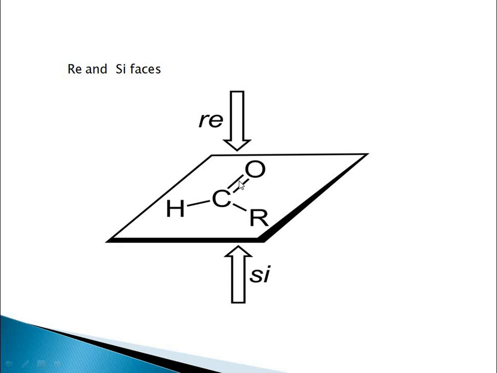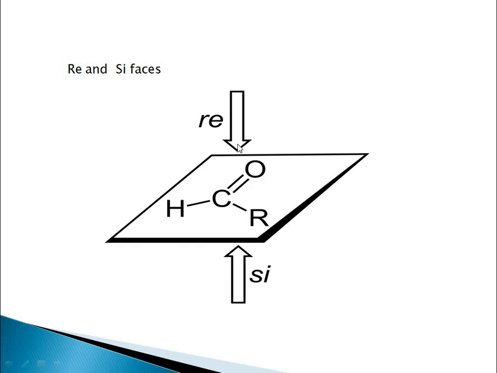It is prochiral because if we reduce it, there will be hydrogen added. But if we react it with another nucleophile, such as a Grignard reagent, on addition CH3 will come and here we will get OH. Grignard reagent with a carbonyl will give us an alcohol.